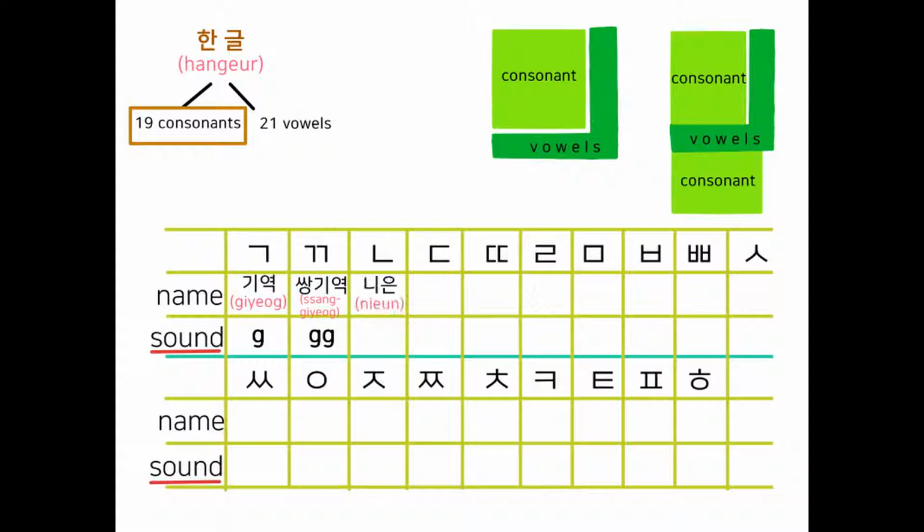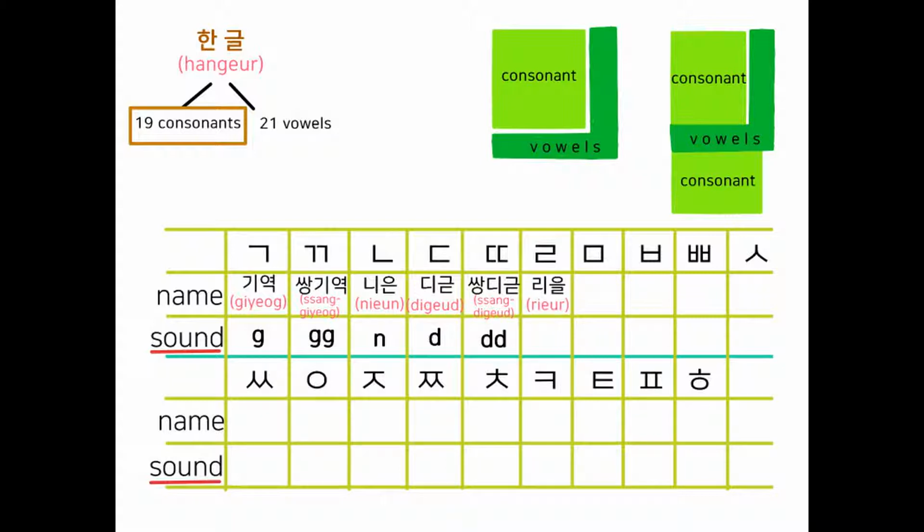Next one is called 니은, and it has an N sound, 느. Next is called 디귿 and has a T sound, 드. Next is called 쌍디귿 and has a double D sound, 뜨.